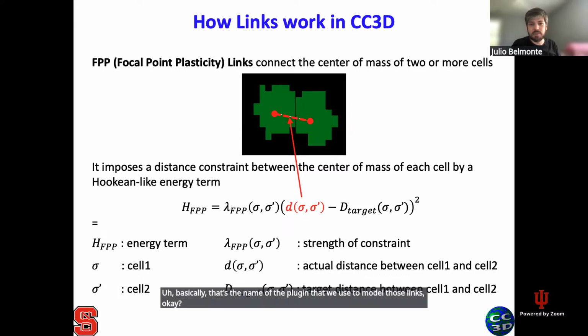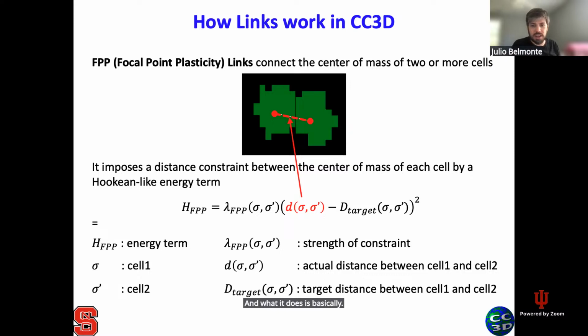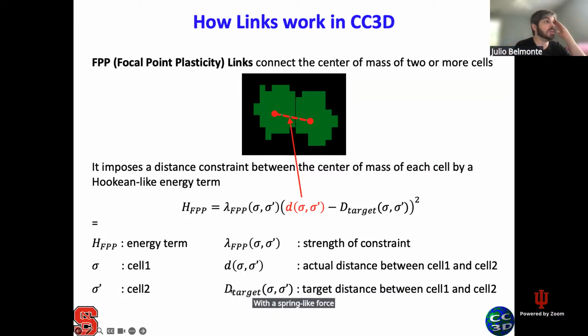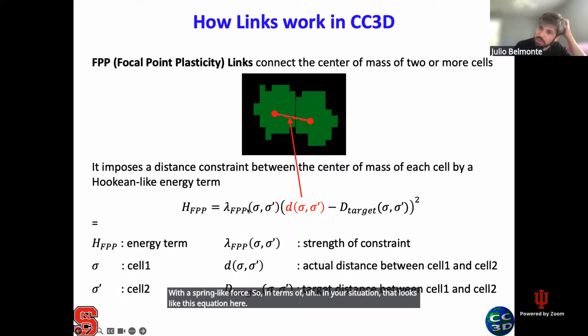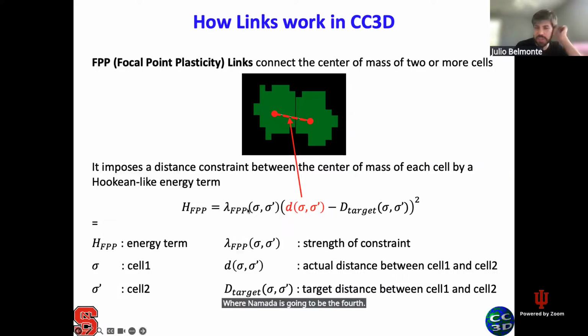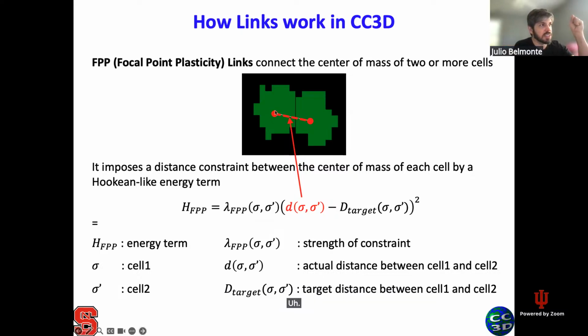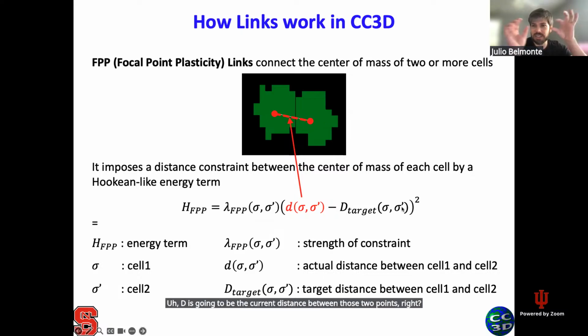And what it does is it connects the centers of mass of the two cells with a spring-like force. In energy terms, that looks like this equation here, where lambda is going to be the force of the spring between the two cell centers of mass. D is going to be the current distance between those 2 points, right? And this D target is going to be the resting length of the spring.